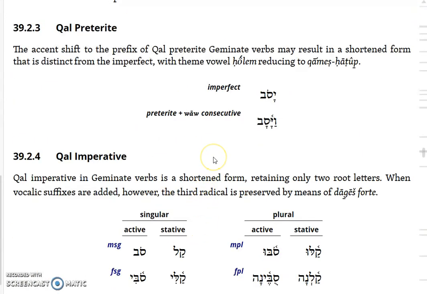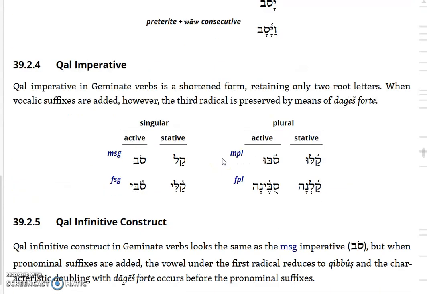The preterite form for savav would be yasov, and that would be the imperfect, and then the vav consecutive preterite form would be vayasov, again with a qamets hatuf. Imperative forms will tend to be the imperfect form, but drop the T, and you get sov, sovi, or with the kalal, kal.